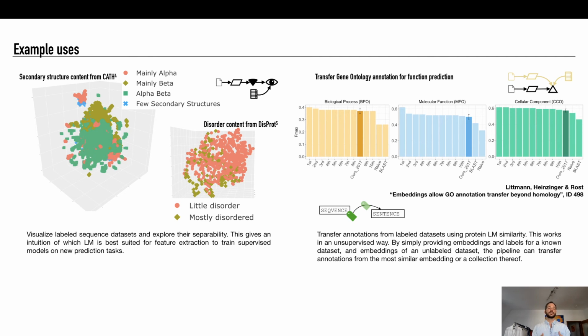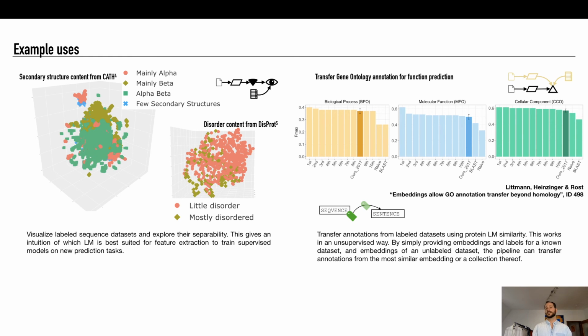So what we can see is that by using a language model, in this particular case SecVec, the language model is already able to, without having been trained on distinguishing mainly alpha, mainly beta, or little disorder, mostly disordered, distinguish these two groups to some extent. So probably using this language model and the extracted features from this language model is a good input to train a machine learning model for the classification of these data sets.